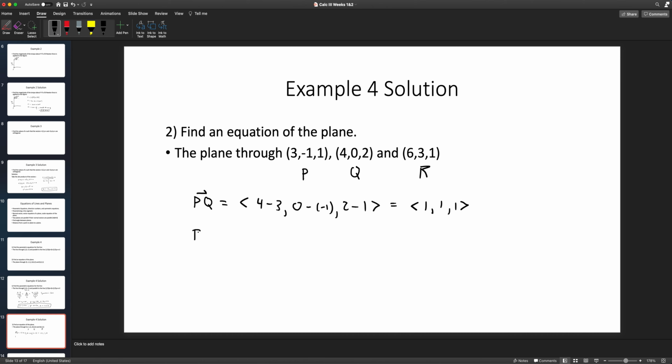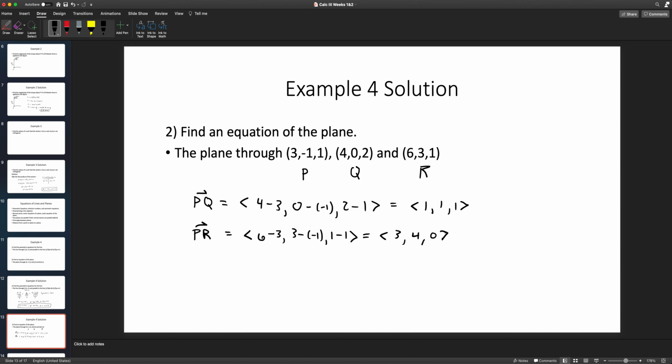And we do the same thing, but instead we're doing PR. So we have 6 minus 3, 3 minus a negative 1, and 1 minus 1. So we just compute that: <3, 4, 0>.